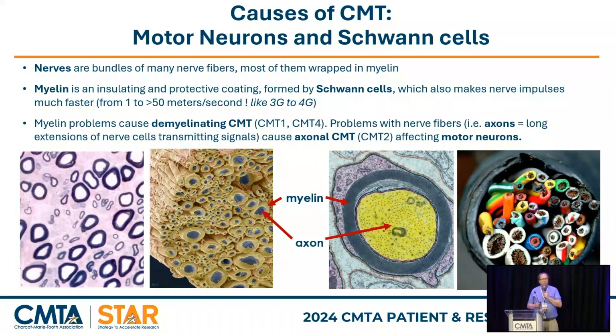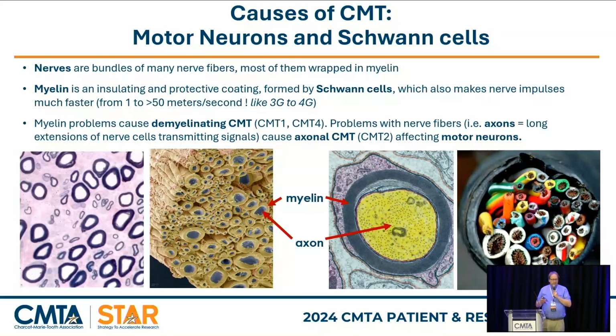However, when we're talking about axonal types of CMT, generally we're trying to deliver that therapy to motor neurons. Motor neurons have their cell bodies in the spinal cord, and they send these very long projections out to all your muscles, all the way out to your big toe.